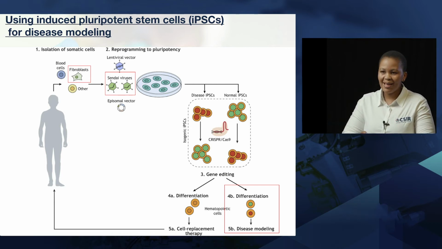Those cells can then be edited or engineered to either correct or induce a disease model using the CRISPR-Cas9 system, and then differentiated into specific cells in order to understand the mechanisms involved in disease occurrence and how to induce the therapeutic.